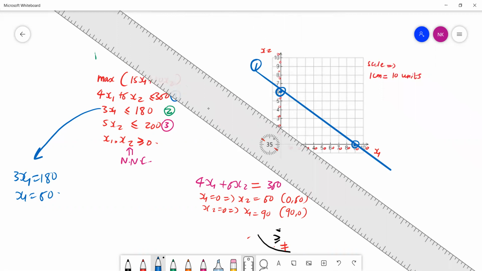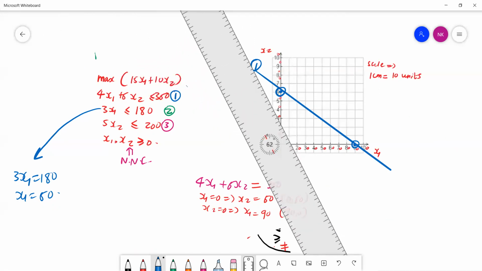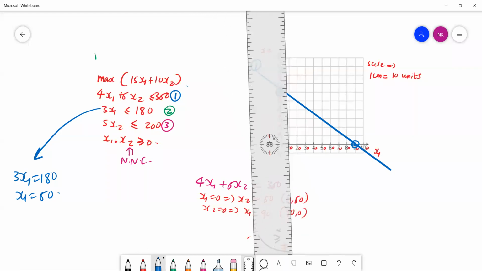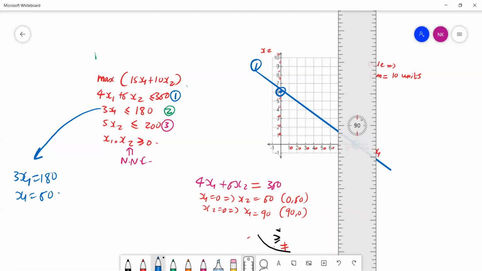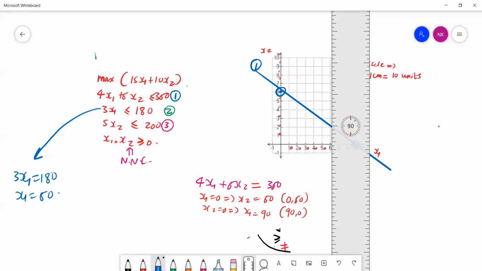Sir, vertical. Right, it will be a vertical line. So let me make my scale vertical, and it will be x1 equals 60. I will be drawing the line over here with green, because I will assume the second constraint to be drawn in green.